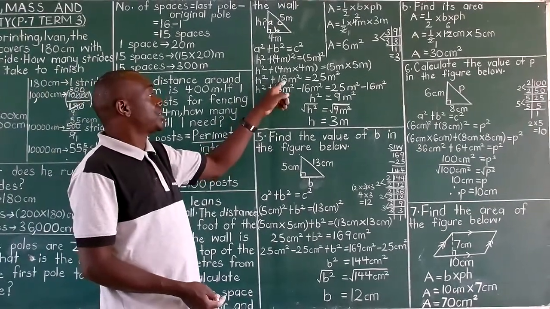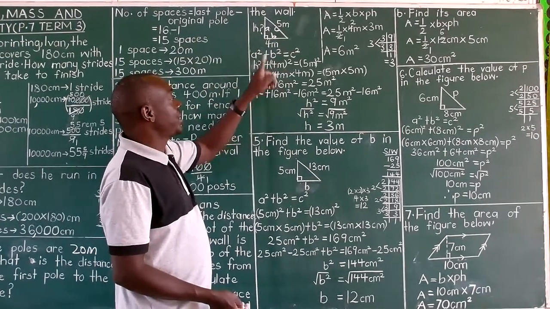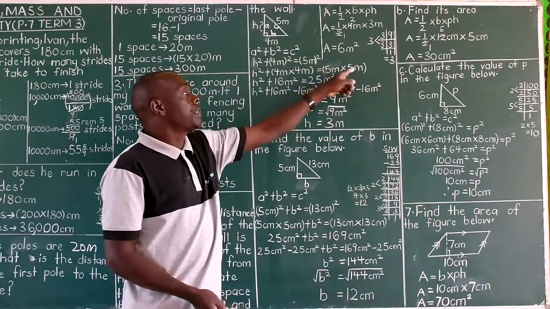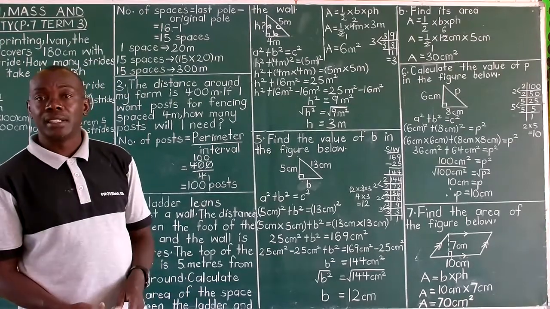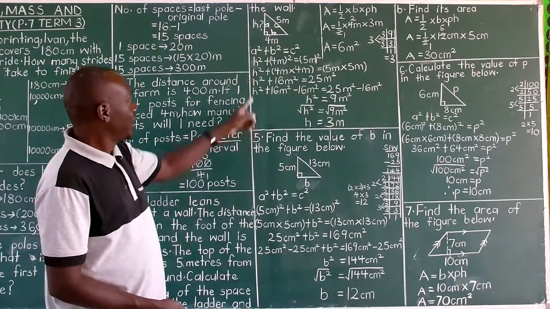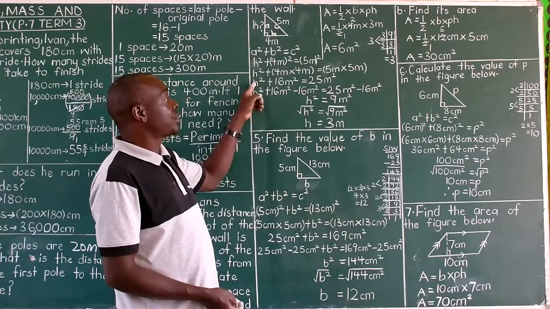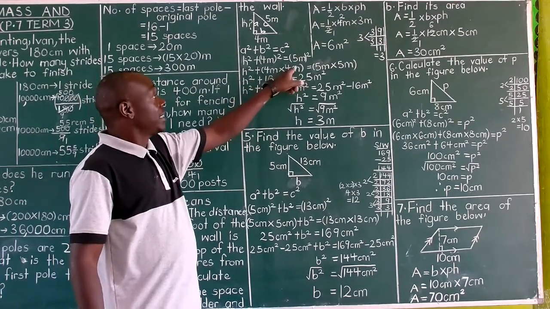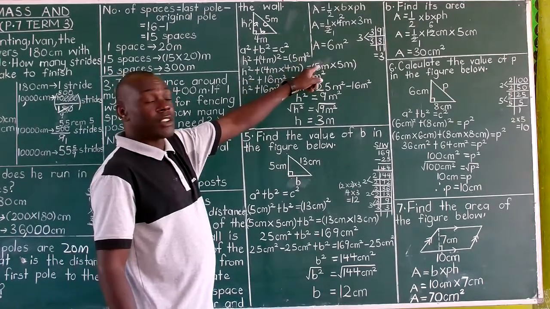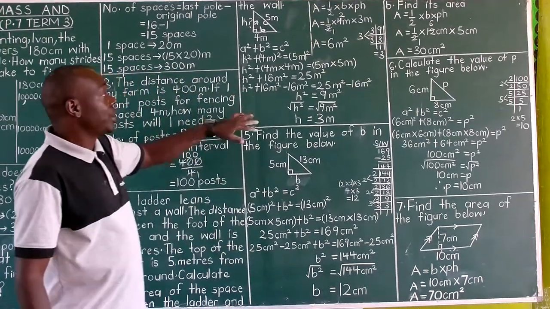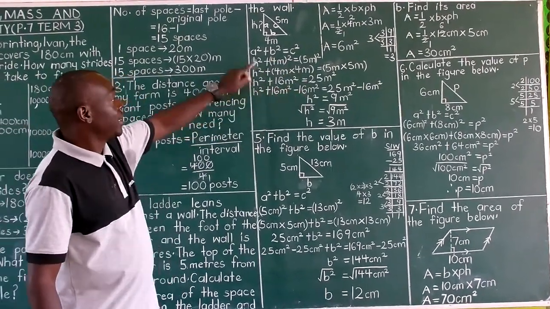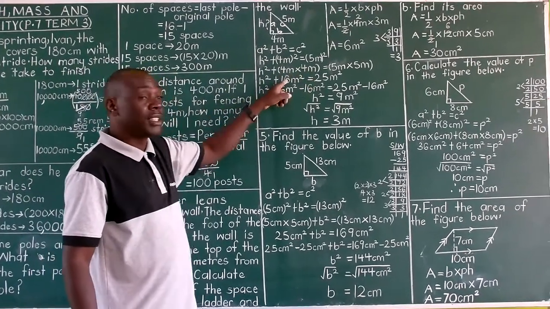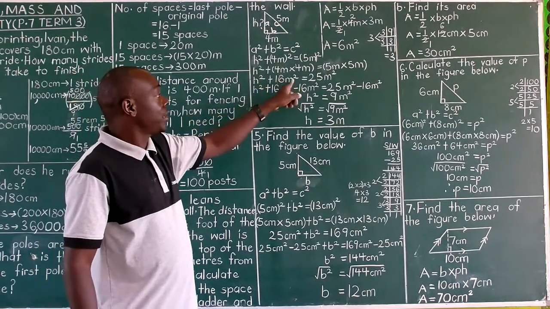H squared remains H squared, then 4 times 4 is 16, and meters times meters gives meters squared, so 16 meters squared.